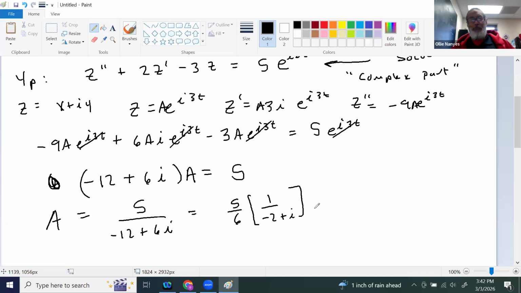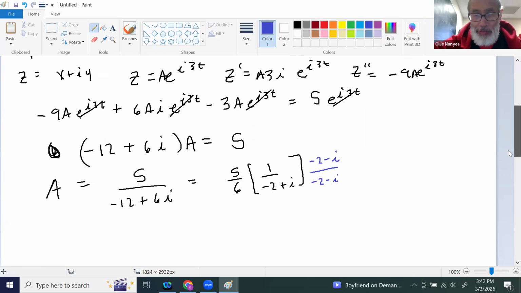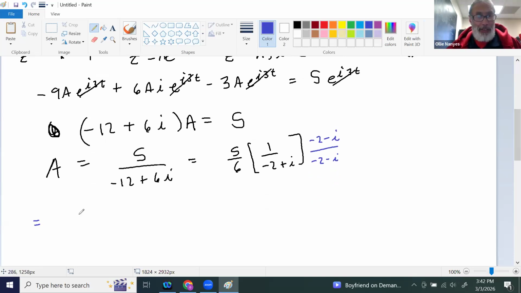Now, having this at the bottom makes it harder to write in x plus yi form. So what you typically do is you multiply by the conjugate, and the conjugate is going to be minus 2 minus i. So let's do that and see what we get. I have a 5/6 up top, times minus 2 plus i. At the bottom, minus 2 times minus 2 is a positive 4.